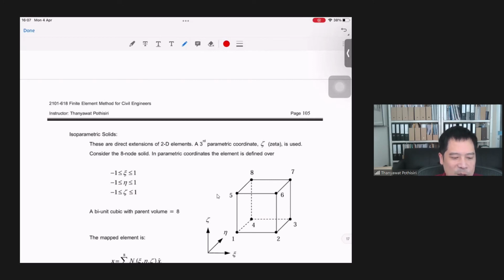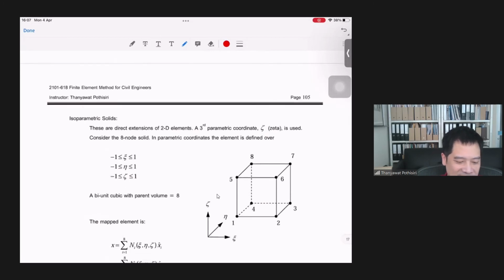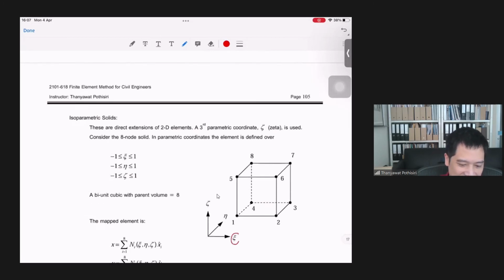All right. So again, for parametric coordinates, in addition to zeta and eta, you would have another parametric coordinate, which is called zeta.